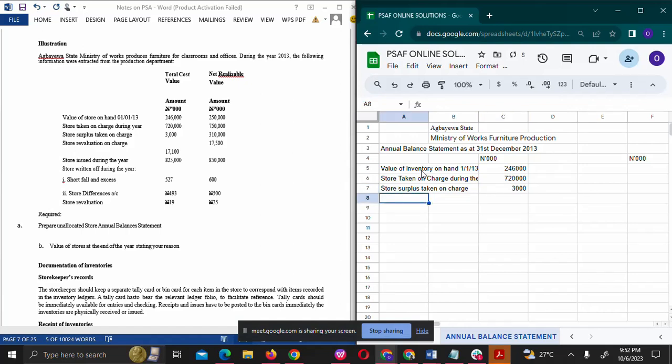Then the next thing we have is store revaluation. The revaluation increase on store is also going to increase the value of inventory, right? So it is going to be on the debit side. So store revaluation is 17,100. Is that clear enough?